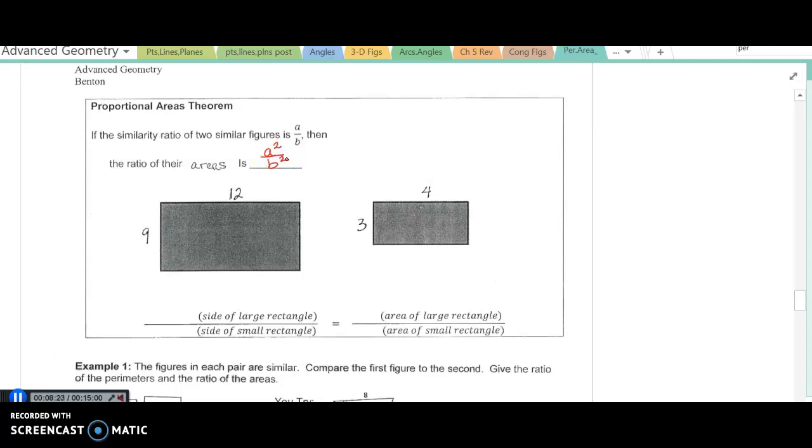So if my side-to-side ratio is 9 to 3, which reduces to 3 to 1, then the area to area ratio will be 3 squared to 1 squared, or in other words, 9 to 1. So whatever the side-to-side or perimeter ratio is, if you take that and square it, it gives you the area ratio.